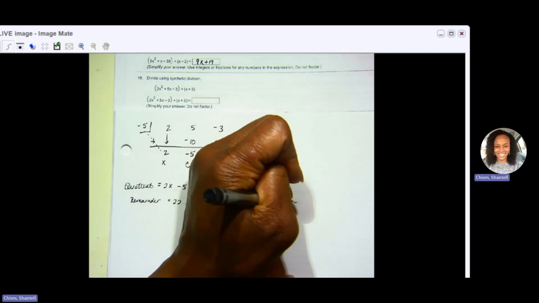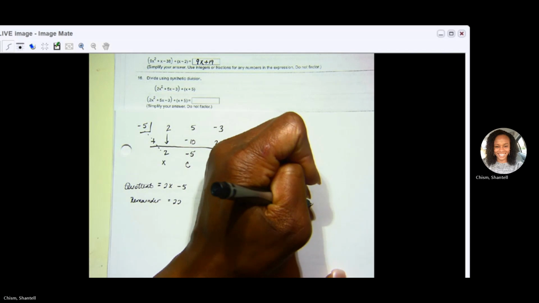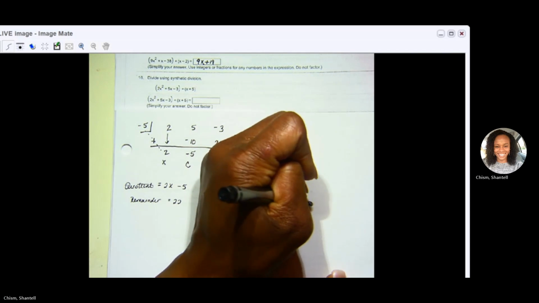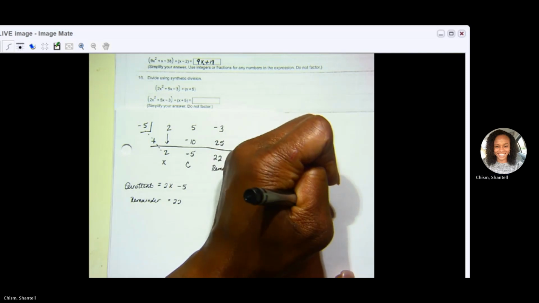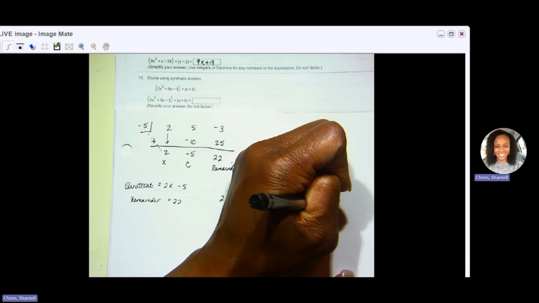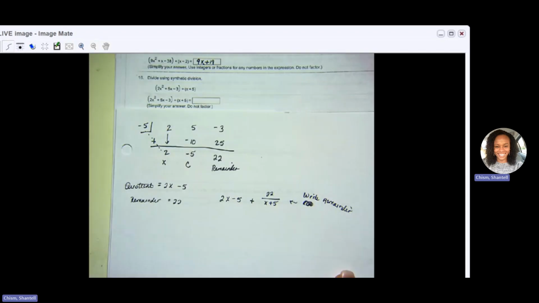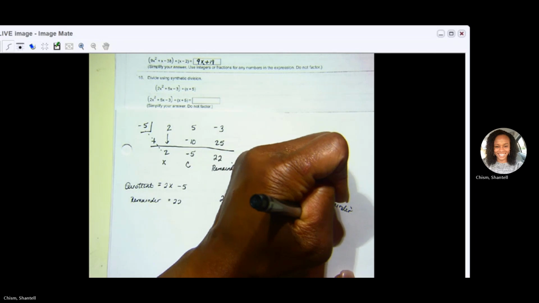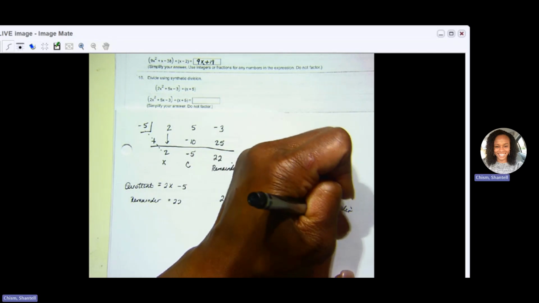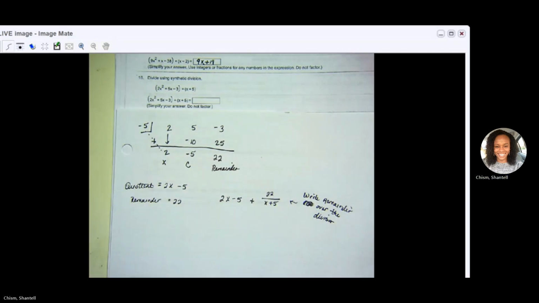You always write the remainder over the divisor. I'm going to write that down. Write remainder over the divisor. Okay?